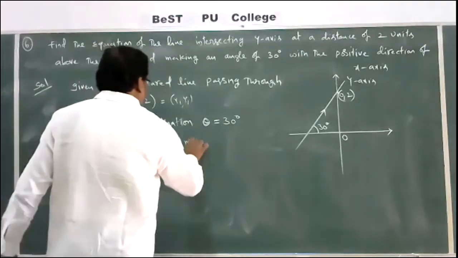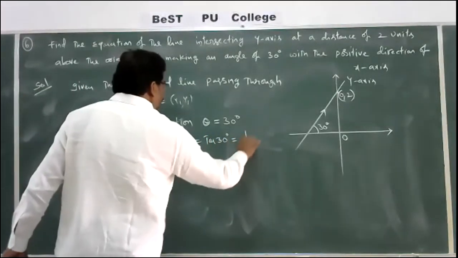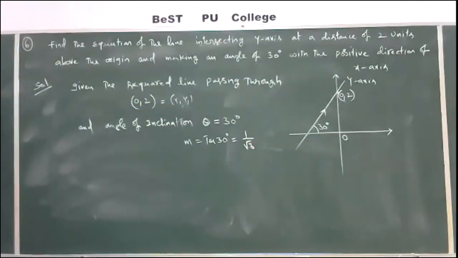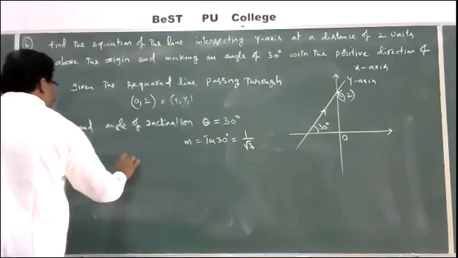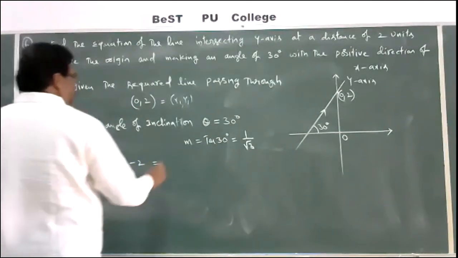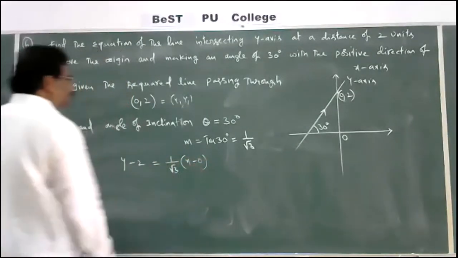That's why slope m is equal to tan 30 degrees, that is equal to 1 by root 3. So the equation of the line: y minus y1, which is 2, is equal to m, which is 1 by root 3, into x minus x1, that is 0.